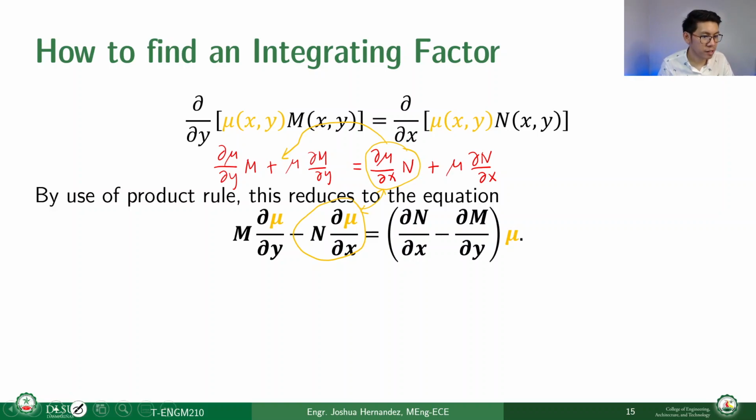And then, of course, if we transpose this part to the other side, here it is. So that's all there is to it. We arranged it such that the partial derivative of mu is on one side and the rest are on the other side.